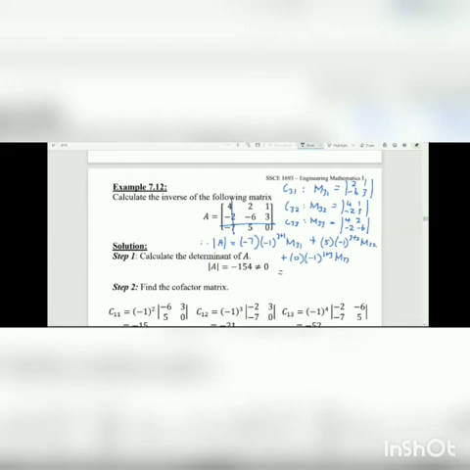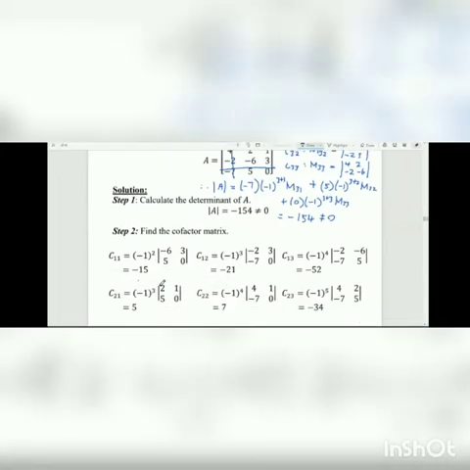Then our final answer for the determinant of A is negative 154. Since it does not equal 0, we can continue to find the cofactor matrix at step 2.